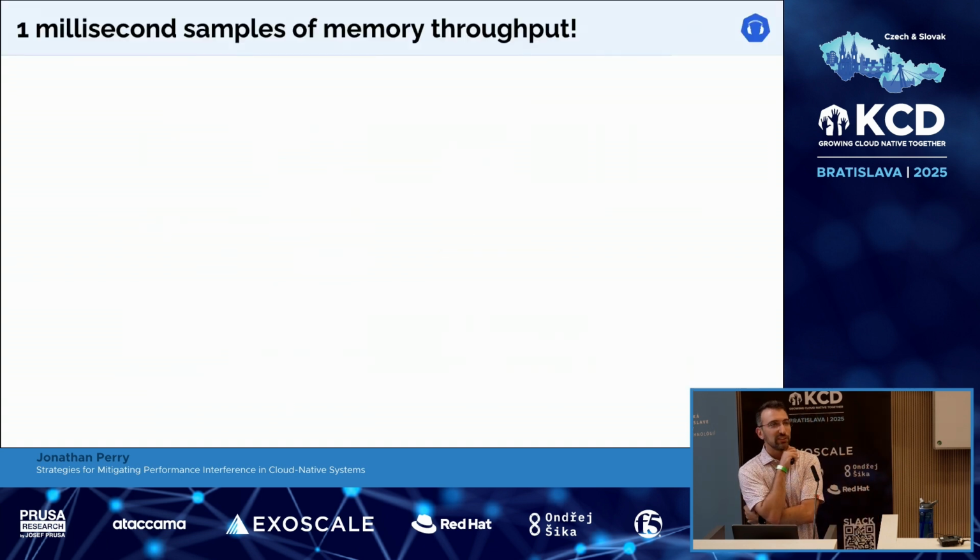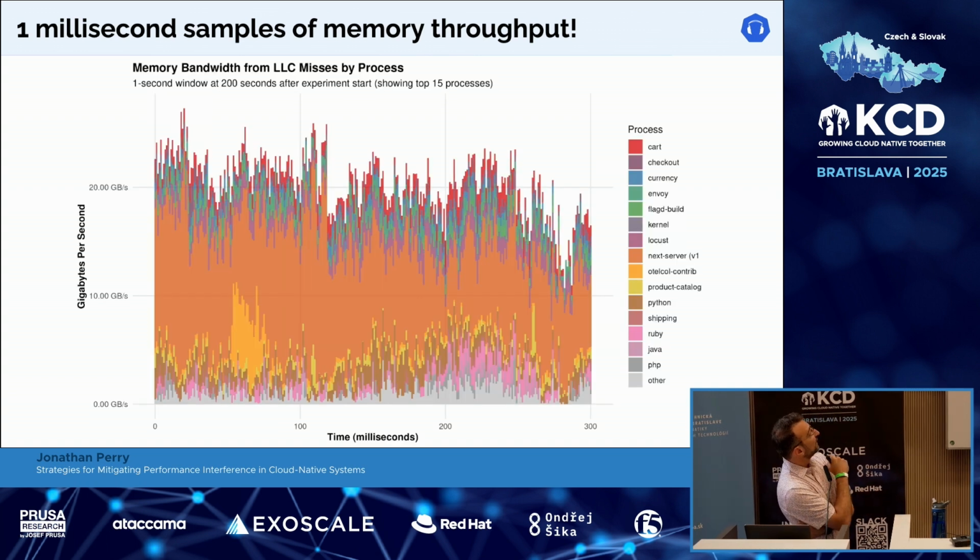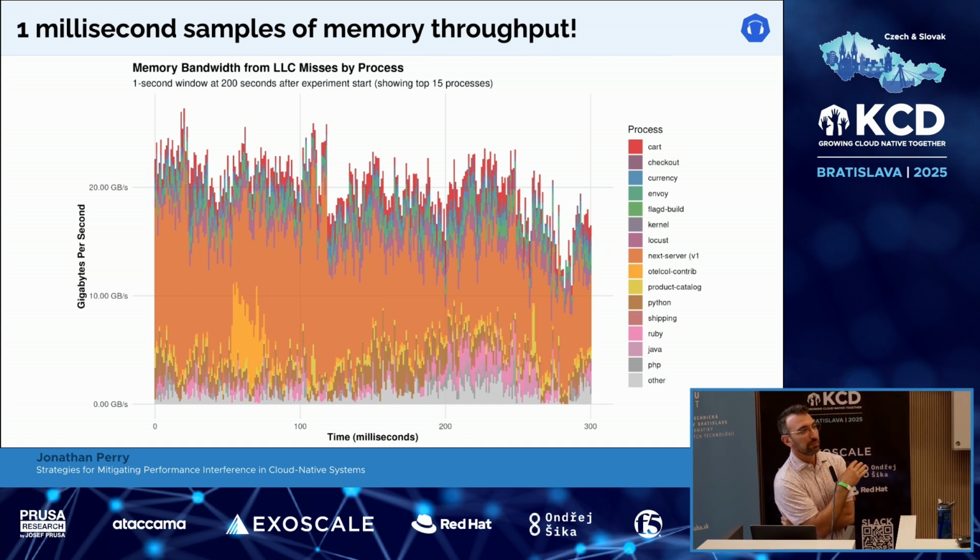Okay, so how does this look? How does the data look? I mean, we already saw the CPI measurements. Here is how it looks. I'm sorry the projector is not as sharp, but you can see in different colors are the different pods or processes running on the machine. And these are 1 millisecond slices.